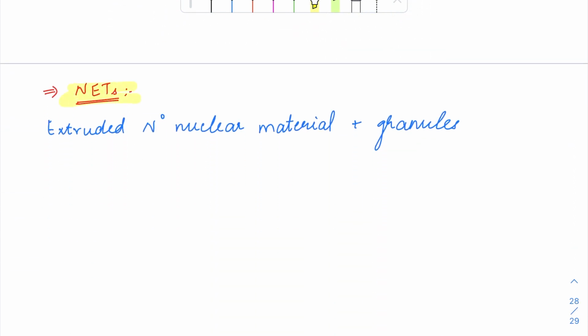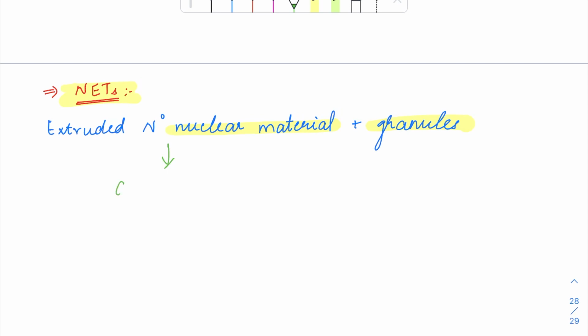So the last topic will be neutrophil extracellular traps. As the name suggests, the neutrophil is going to extrude some material. So what material? It is going to be the neutrophil's nuclear material, along with the granular contents of the neutrophil, extruded into the external environment. So why does it happen?